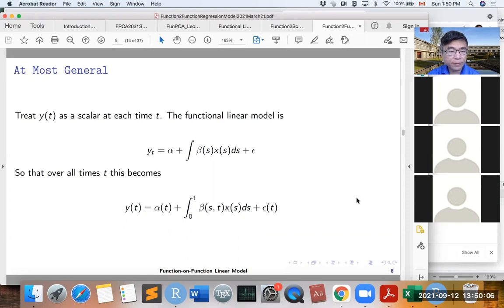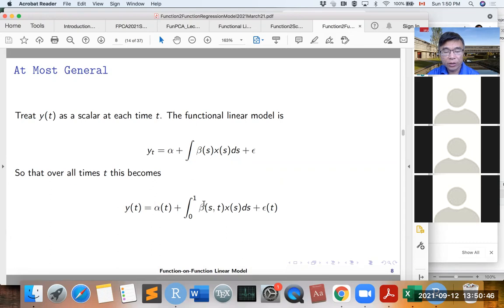So what we do is that the y at each time t will depend on the value of the function over the whole interval, right? So if we want to write down this model over all time, we can write the model as y(t) equals alpha(t) plus the integral of beta(s,t) x(s) ds plus epsilon(t).